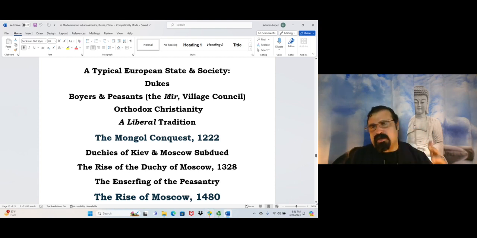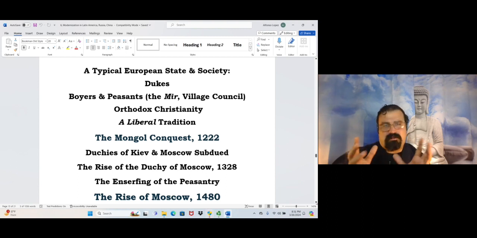And also, there's a certain quote-unquote liberal tradition present in the Duchy of Kiev, in that, again, this is not really a democracy. This is really a monarchy, of course. But the boyars, the landed aristocracy, the landowners, exercise a certain degree of authority and independence as well.